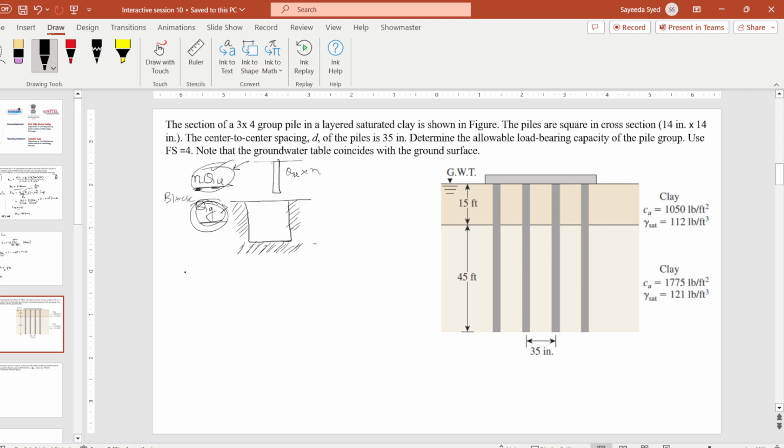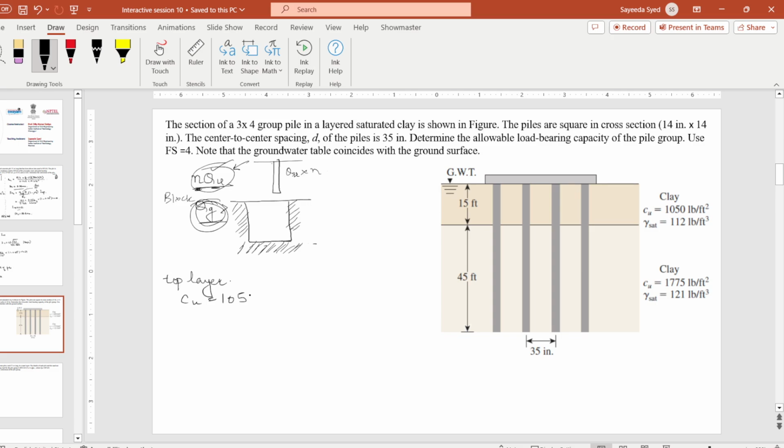So let's calculate the pile capacity here. So for the top layer, our Cu is 1050. Let's call this Cu1.